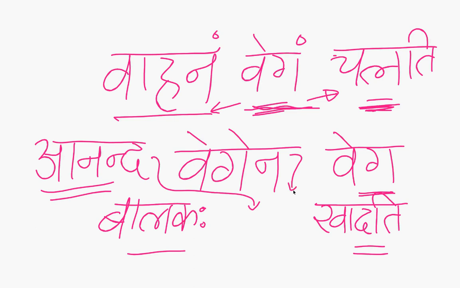So we get to this Tritiya Bhakti, anandena khadati. With happiness. But this is a kriya visheshana, because it is also describing how the kriya is being performed. Anandena khadati. Balaka anandena khadati.